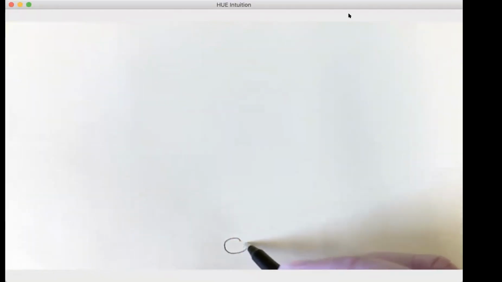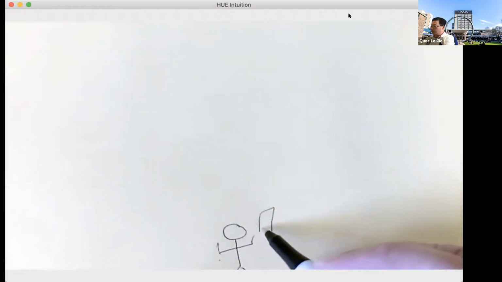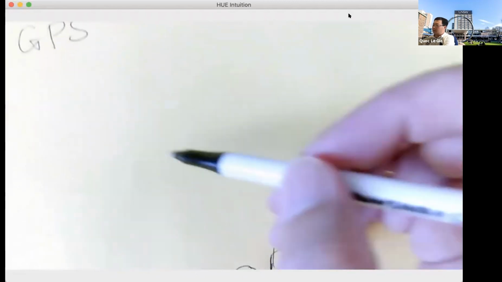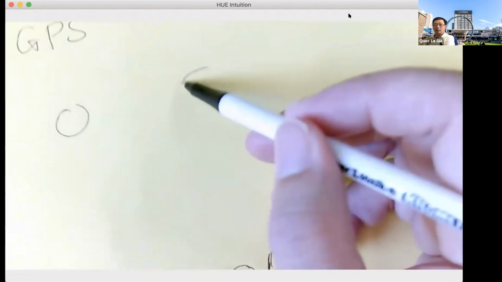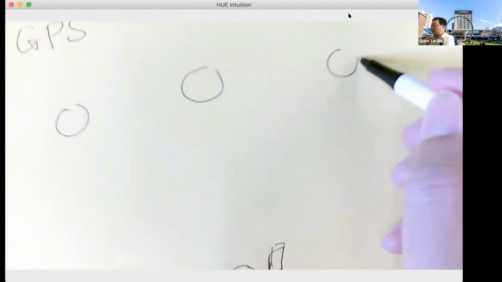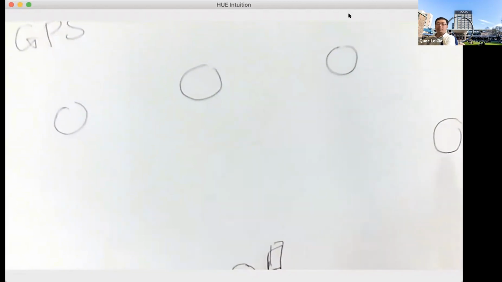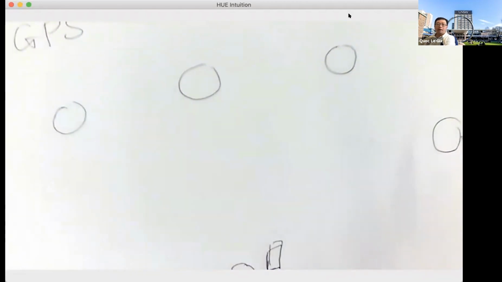So suppose your mobile phone is here. You're holding your mobile phone, an iPhone 3, 4, 5, whatever. Then actually it's receiving signals from 4 satellites in the sky. We have a constellation of, I believe, maybe 72 satellites or something, but you need only 4 satellites for it to work.